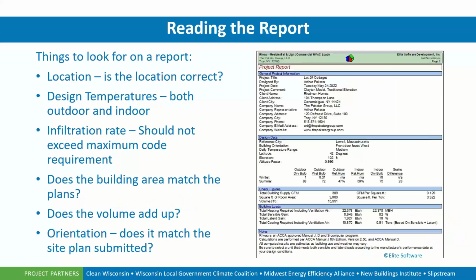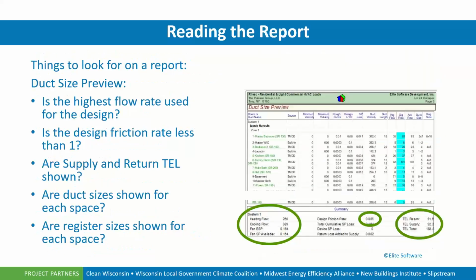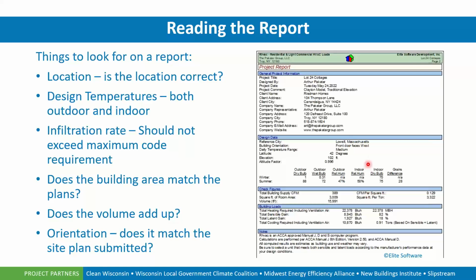Things that we're going to look for on the report. We talked about location correct. We want to make sure it's in the right city, because that location is important. In this example, it says Lowell, Massachusetts. If this home was being built in Wisconsin, that obviously is not the correct design reference city.